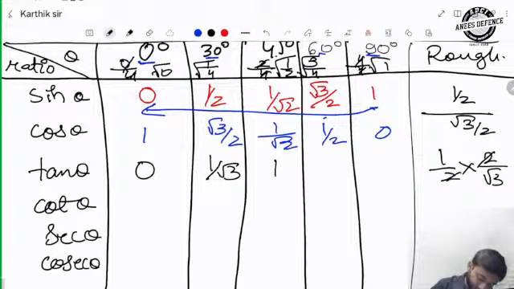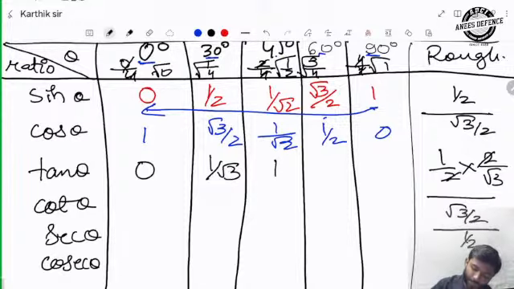And the next one, tan 60 degree is equal to sin 60 degree upon cos 60 degree, that is root 3 by 2 upon 1 by 2. Numerator as it is, denominator reciprocal, 2 and 2 cut, root 3 upon 1 is root 3. So we will write root 3.